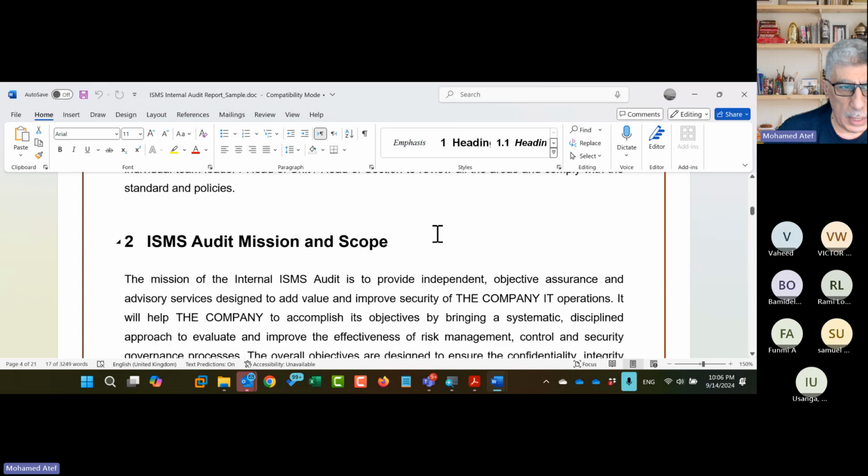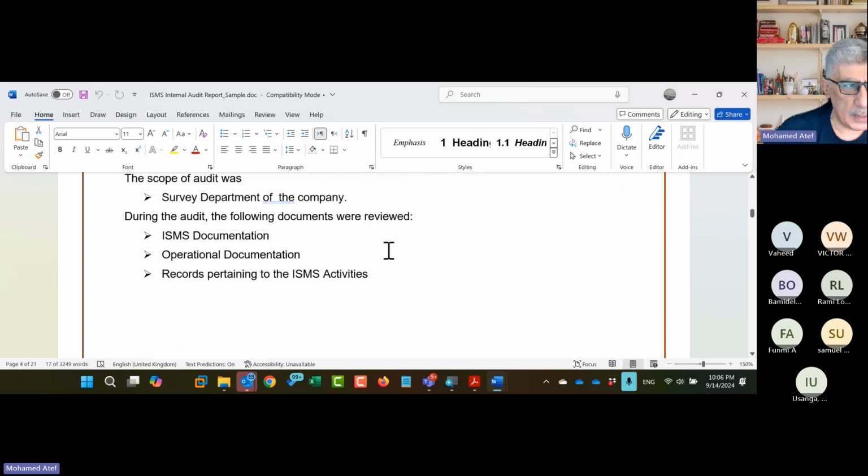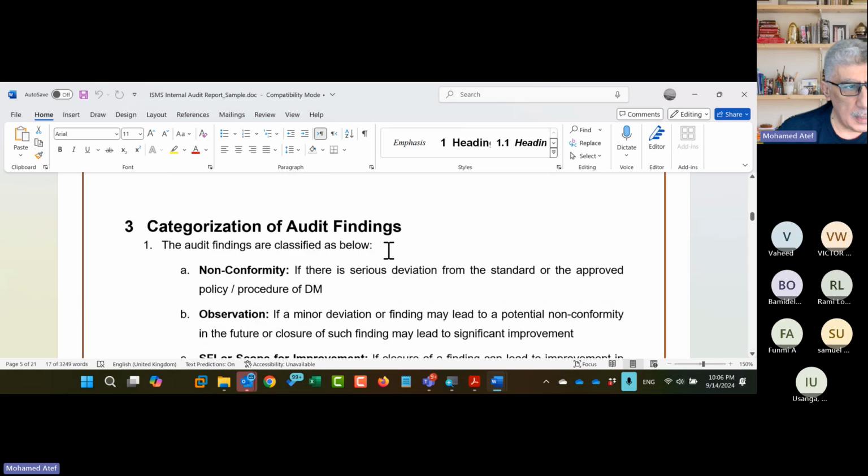Now, scrolling down here, you have the scope of the audit and how the evidence will be collected. This is the most important part that you need to be aware of as an auditor, which is what the audit finding is.